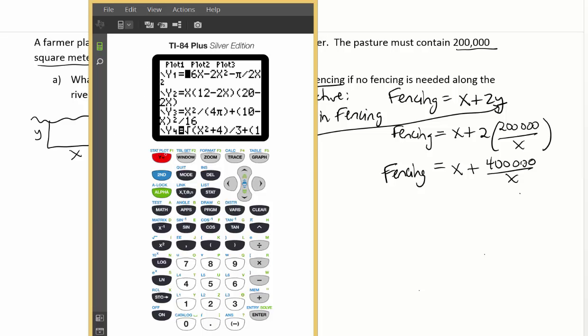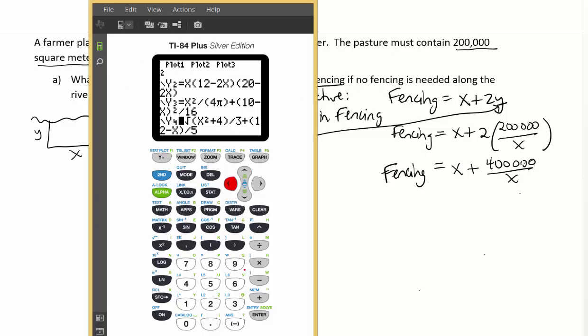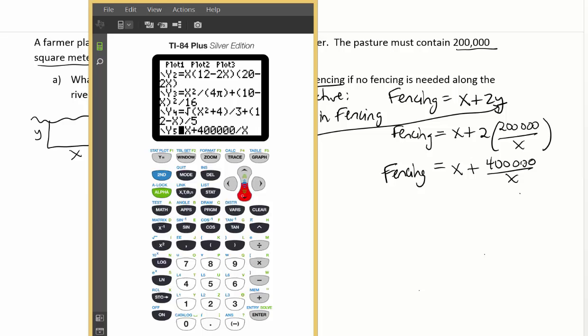and we're going to go to y equals, oops, sorry about that, and I'm going to turn off this graph, and I'm going to turn on this one, and here's that x plus 400,000 divided by x. Now 400,000, that's a really big number. So chances are we're going to need some pretty big window dimensions.